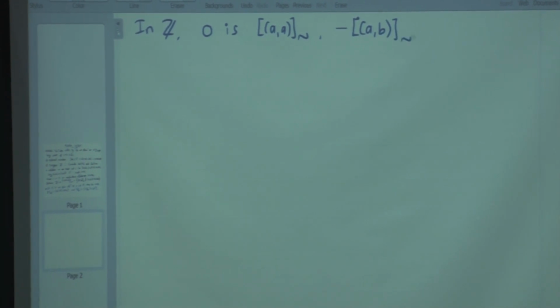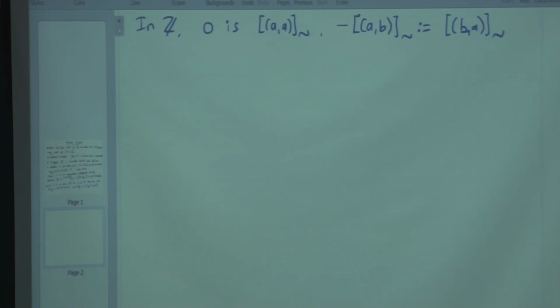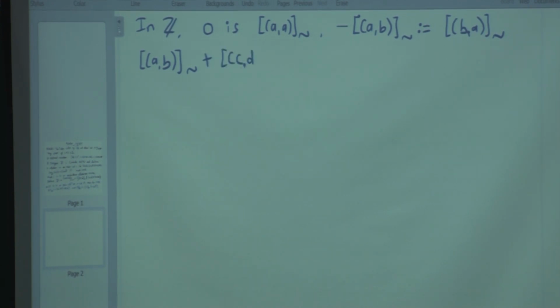Minus of the equivalence class of (a, b) is defined to be the class of (b, a). Then what is the sum? Coordinate wise sum, correct. (a + c, b + d).